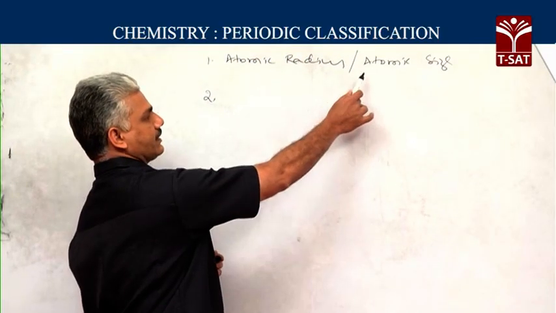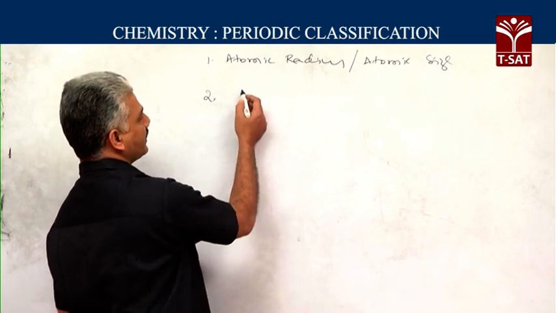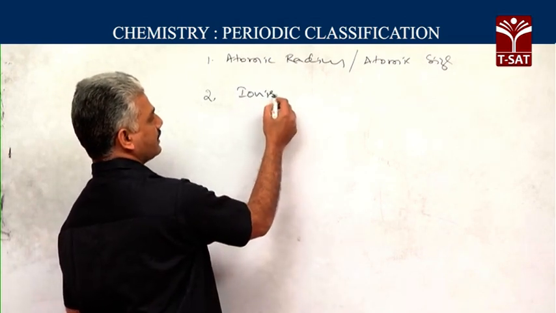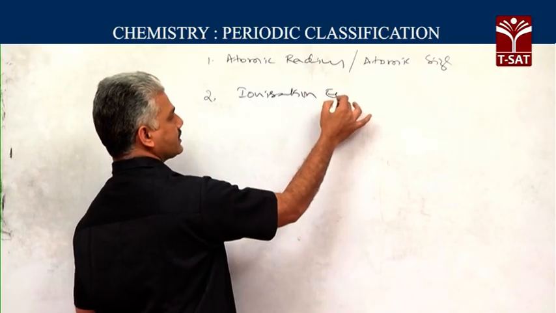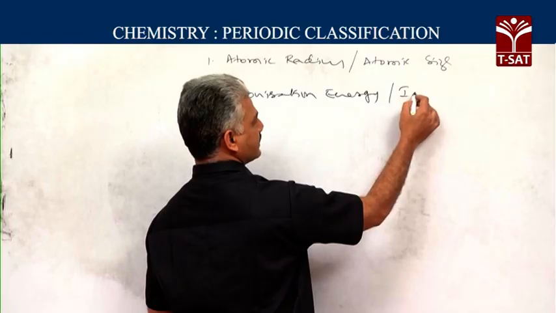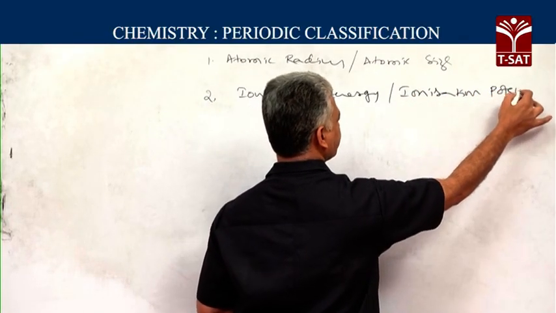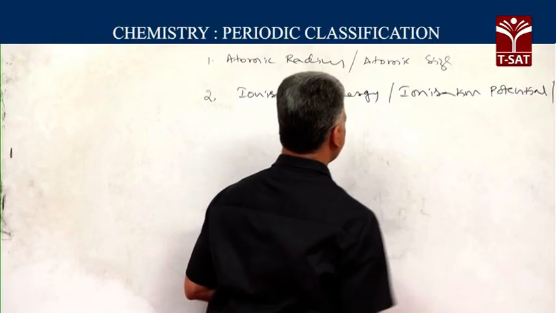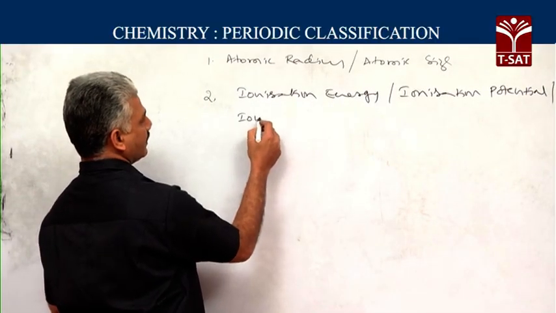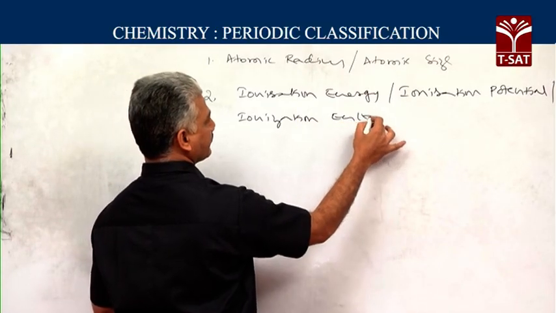Atomic radius, also referred to as atomic size. Next periodic property is ionization energy. Ionization energy is also known as ionization potential as well as ionization enthalpy.